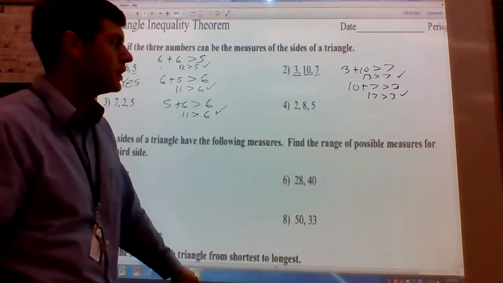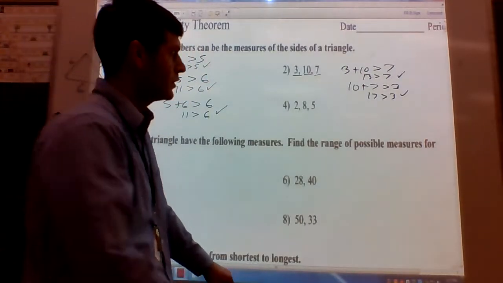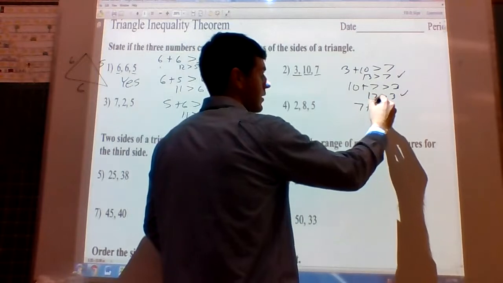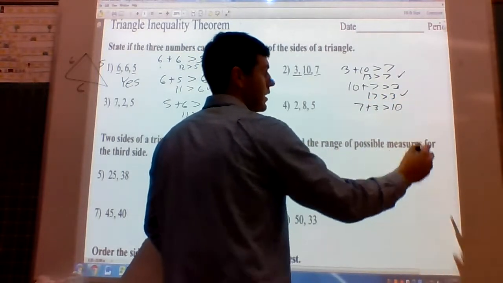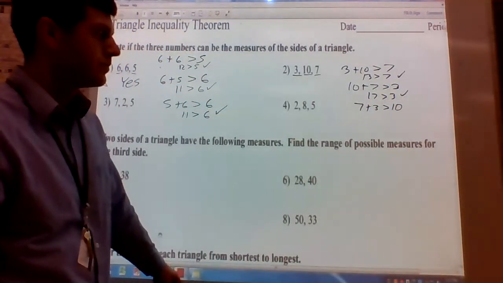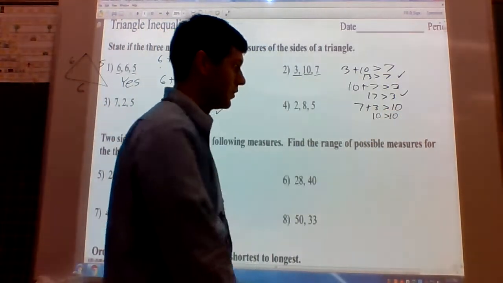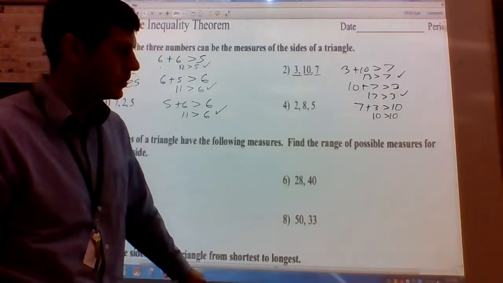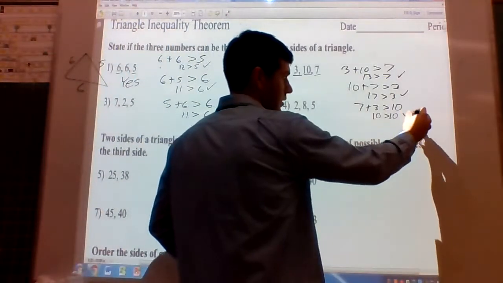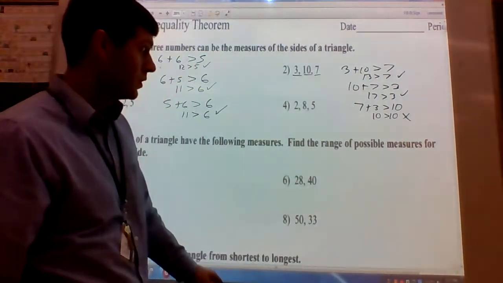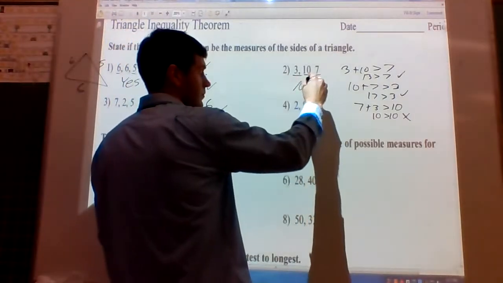Our last combination, 7 and 3, has to be greater than the third side, which is 10. So we get 10 is greater than 10. And we know that 10 is not greater than 10. 10 is equal to 10. So this one doesn't work. Since it doesn't work, we know that no, we cannot get a triangle.